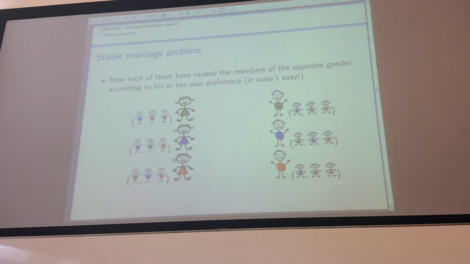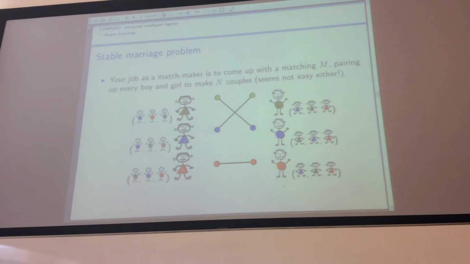So the green girl, for instance, likes the blue boy the most, then the red guy, then the green guy, and so on. And your job as a matchmaker is to find a matching that would pair every boy and girl in this graph. So you have to create n couples, and this seems not to be easy either.